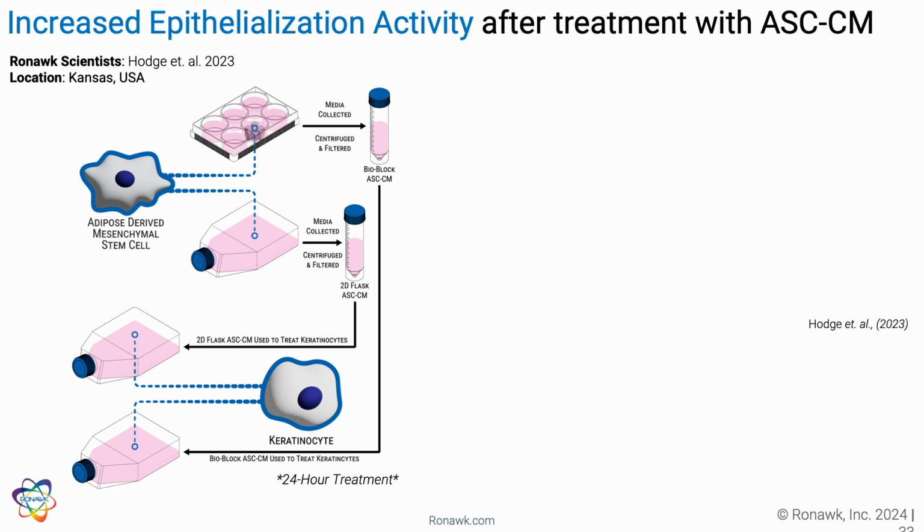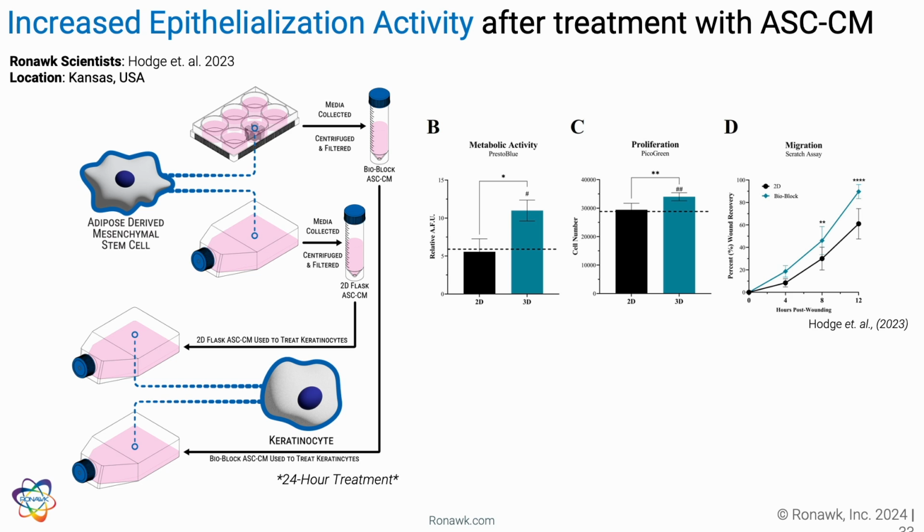So the first thing is the metabolic activity and their proliferation. We grew the keratinocytes for over 24 hours exposed to this media that contained the secretome from the MSCs, and we saw a significant increase in their metabolic activity as well as in their proliferation rate.